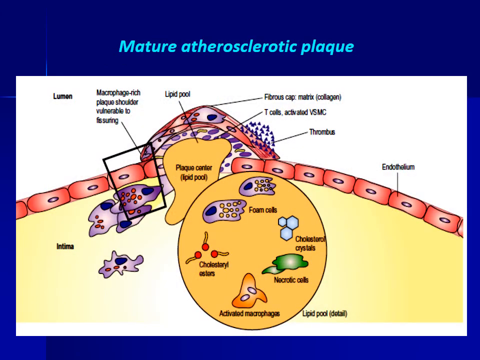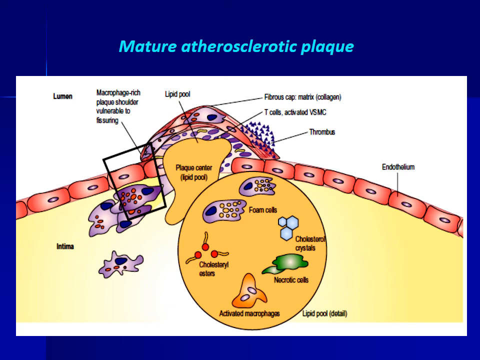The figure shows a mature atherosclerotic plaque. The lipid center and fibrous cap are the main parts of the mature atherosclerotic plaque, which emerges from the structurally remodeled vascular wall. The plaque, which is cell poor and collagen rich, is relatively stable and grows slowly over the years.